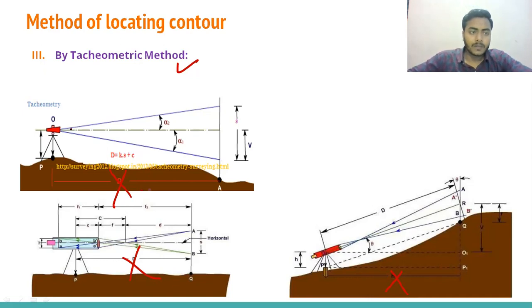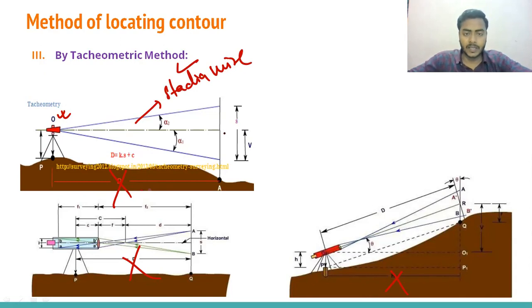So what we do, this is the leveling instrument. You can see the telescope is here, and these are the stadia wires, you can read three wires. We can take the reading from the bottom wire and the top wire and deduct these two values, and we get S, that is the staff intercept.